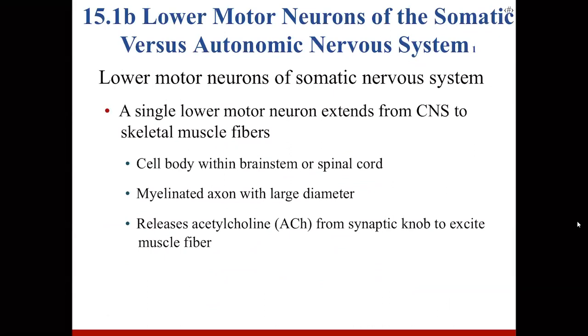With the somatic nervous system, it just takes one, they call it a lower motor neuron, because it's below your brain and spinal cord, and it's going to go to the muscle. So there's just one going that way. It's kind of more like a direct connection, right? There's only one fiber going there.